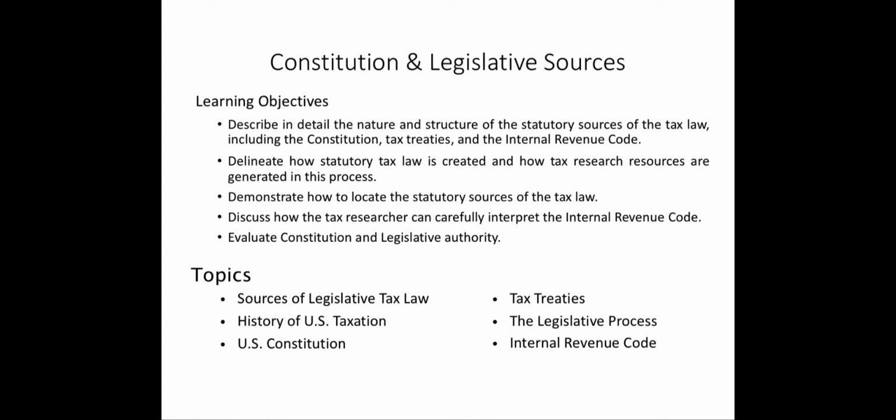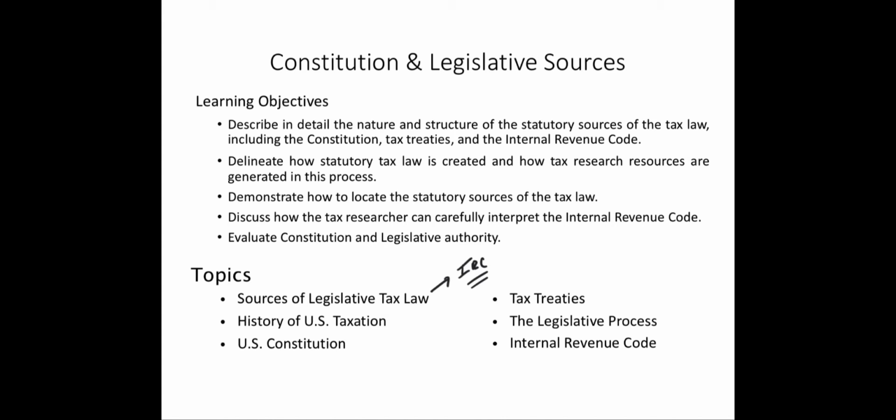If you're interested in the specific topics, again, we're talking about sources of legislative tax law. And the main one we're going to be focused on is the Internal Revenue Code, the IRC. We're going to talk about the history of U.S. taxation. I love to talk about history, as you know from previous presentations, so we will bring that into play here. We're going to talk about the U.S. Constitution. Can't talk about tax law without bringing up the U.S. Constitution since we're talking about United States law. Tax treaties, not treatises, treaties. So we will talk about tax treaties.